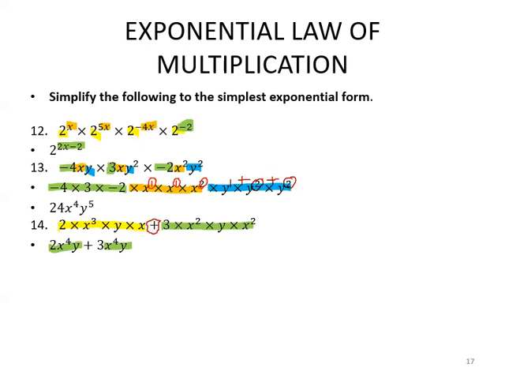When you are adding like terms, you keep the variables and their exponents the same. You just add their coefficients. Coefficients are just integers multiplied by those variables. So I will just add this 2 with this 3 because we've got plus in between. That's why I'm adding. 2 plus 3 will give me 5. But check, x to the exponent of 4 and y to the exponent of 1 still remain.